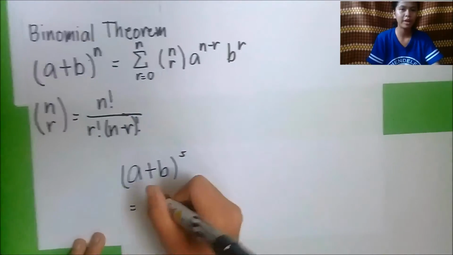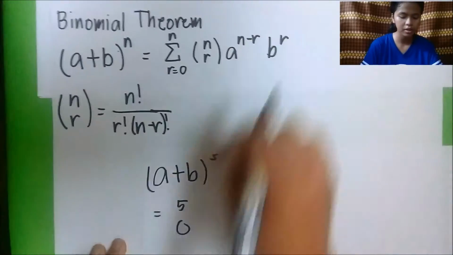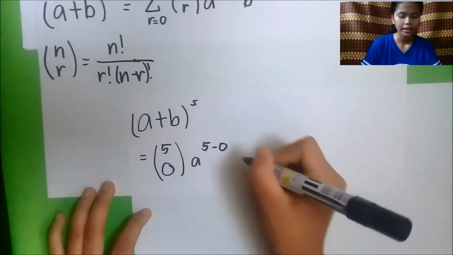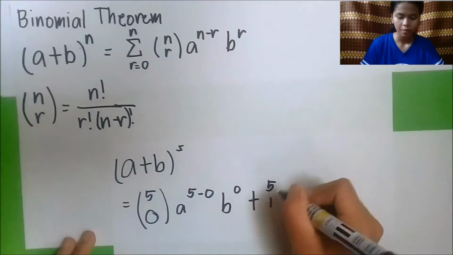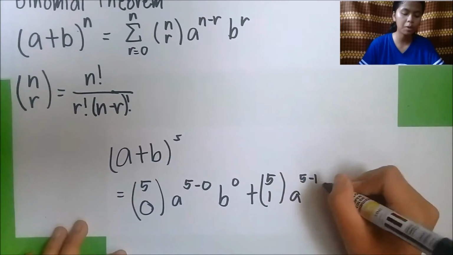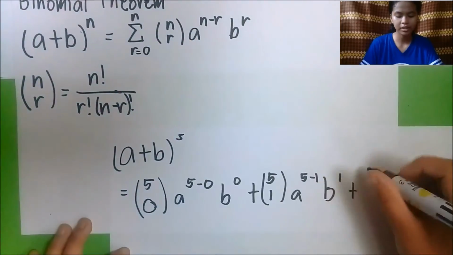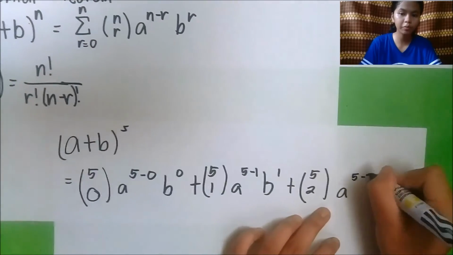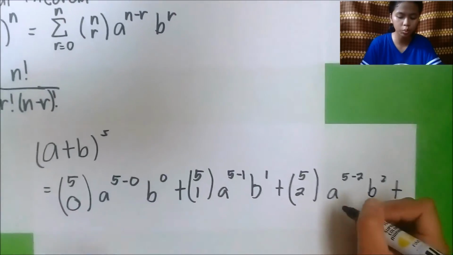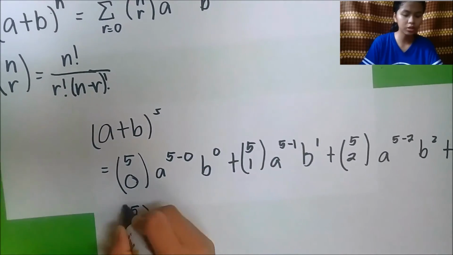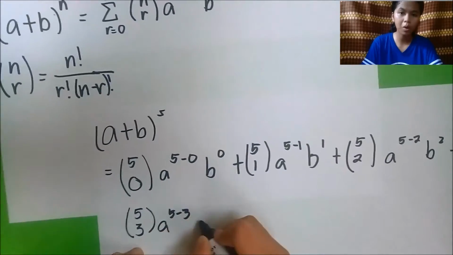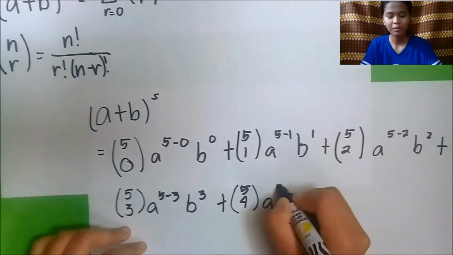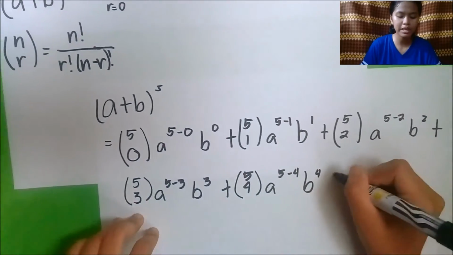This is going to be equal to 5 taken 0, which we got here above, times a to the fifth power minus 0, which is our r, times b raised to 0, plus 5 taken 1 times a to the fifth power minus 1 times b raised to 1, plus, again from the equation above, 5 taken 2 times a to the fifth power minus 2 times b raised to 2, plus 5 taken 3 times a to the fifth power minus 3 times b to the third power, plus 5 taken 4 times a to the fifth power minus 4 times b to the fourth power.